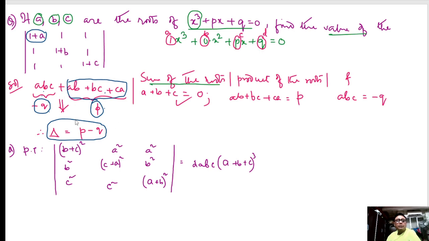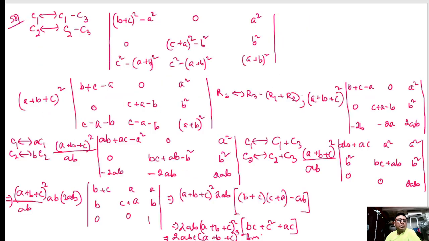Next, we have to prove that this determinant is coming to this answer. So let's see. Using the operation C1 minus C3 and putting it in C1.